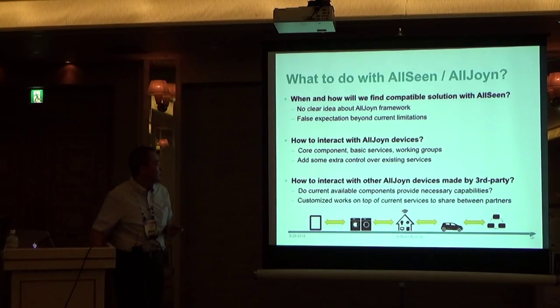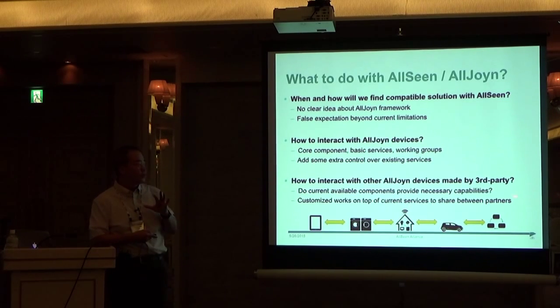And then the next one is how you work with, how you interact AllJoyn devices with third-party devices here. So if the current components really provide all the necessary capabilities, since we know that AllJoyn right now, besides the basic services, also has several different working groups, like a lighting working group, smart home, and there's also one for other specific devices here.